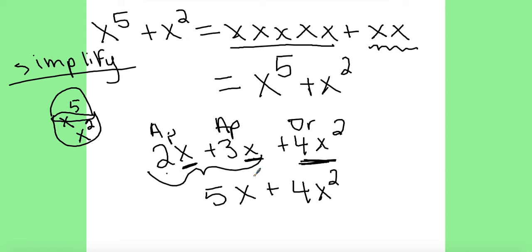It's just 5 apples and 4 oranges. And that's really what's going on when we are adding exponents.